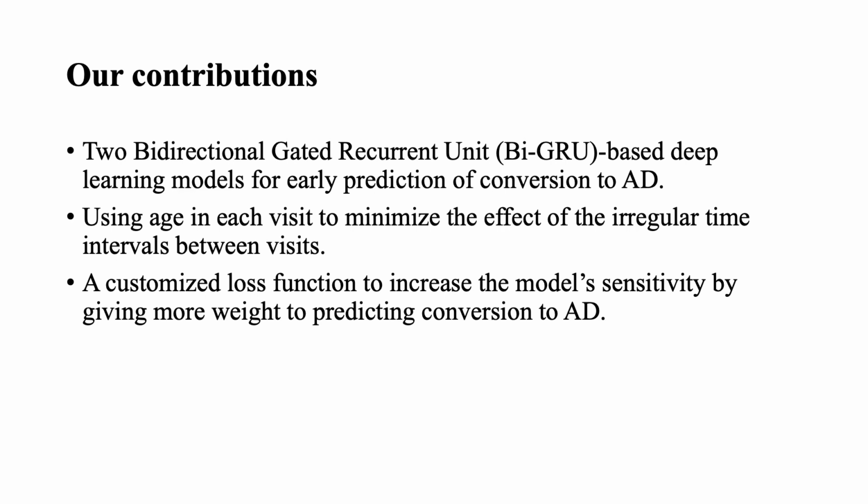The second contribution was using the age of patients at each visit to minimize the effect of the irregular time interval problem between visits. Finally, to maximize our model robustness, we have used a customized loss function to increase the model sensitivity by giving more weight to predicting conversion to Alzheimer's disease.